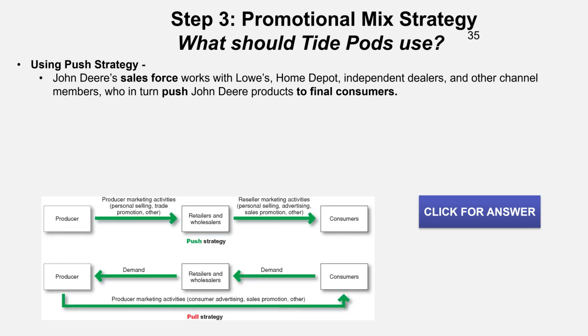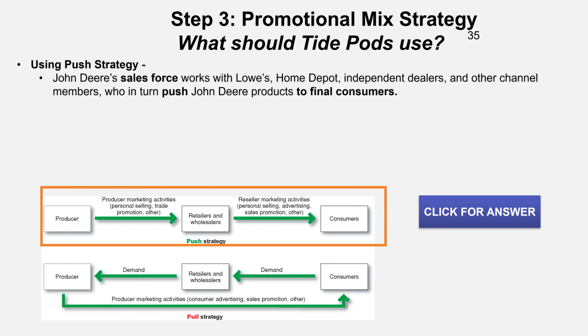And what we do in that particular instance is it's called a push strategy, where we actually produce Tide Pods and we actually ship it out to the Lowe's or Home Depots. And then we have the people that are at Lowe's or Home Depot, they get an incentive to sell to consumers. So they're going to push that product out there.